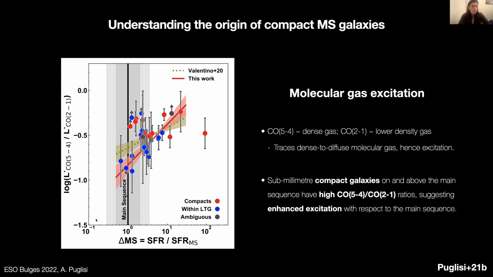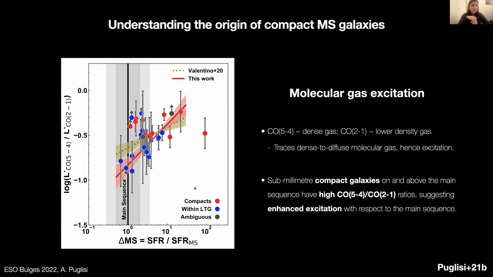Now this plot shows the CO5 over CO2 ratio as a function of the main sequence position. And the color code highlights the sub-millimetre compactness of the sources as in the previous plot. The CO5 traces the dense molecular gas, while the CO2 traces the less dense molecular gas.